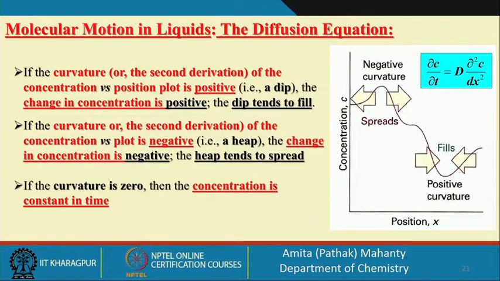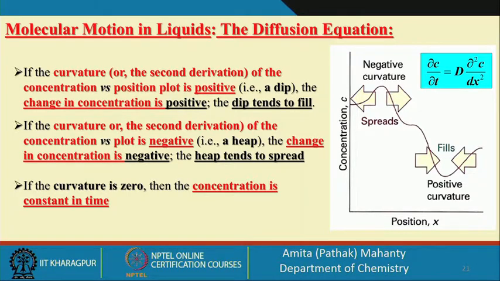If the curvature is 0, that means that you will not have any change in concentration with time. So, what we are seeing is the spatial change in concentration, but what we are talking about is the change in concentration with time. If it is a heap, the change in concentration with time is negative, which is supposed to be spreading out.